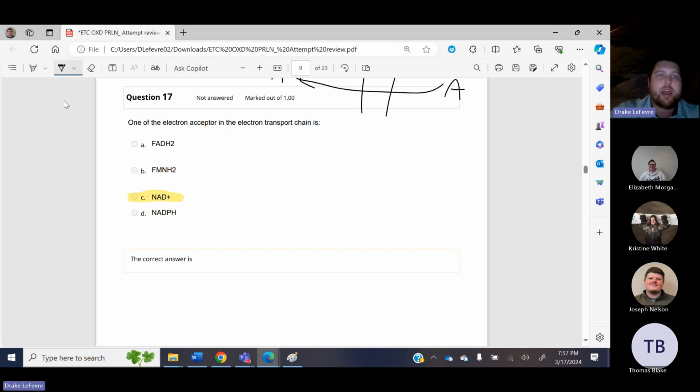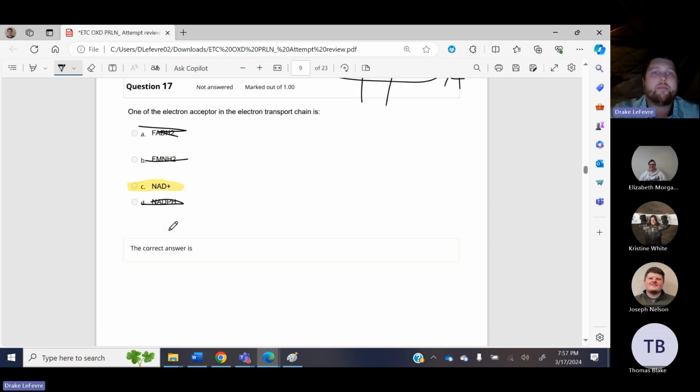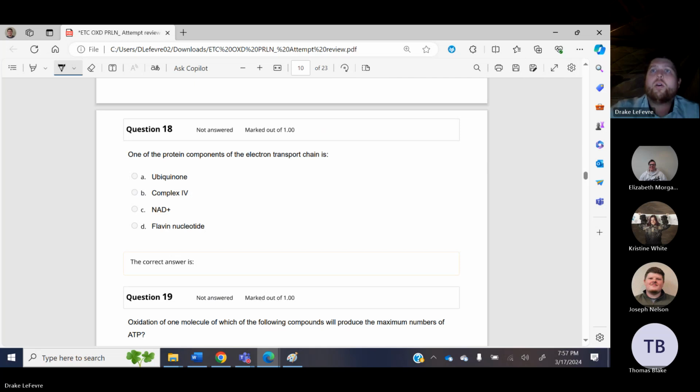All of these other ones already have their hydrogens and everything attached. There's no reason for an electron to bind to them. One of the protein components of the electron transport chain is blank.